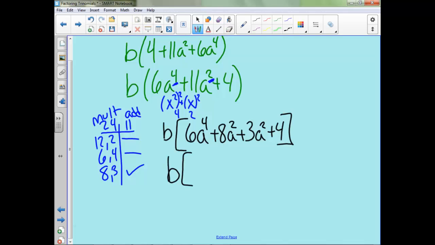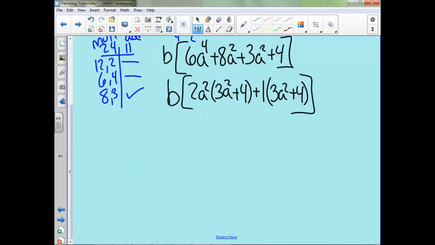These first two, we can take out a 2a squared. We're left with 3a squared plus 4. And notice we can take out just a common factor of 1 here. And they both have this 3a squared plus 4.